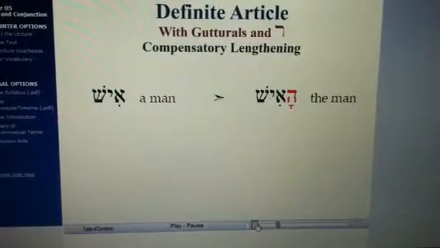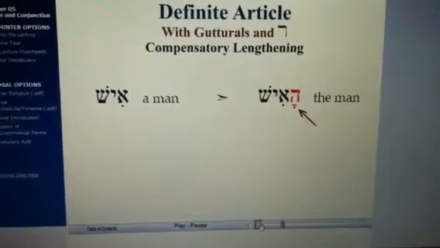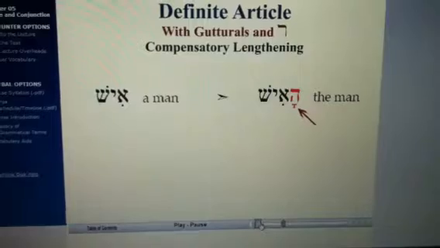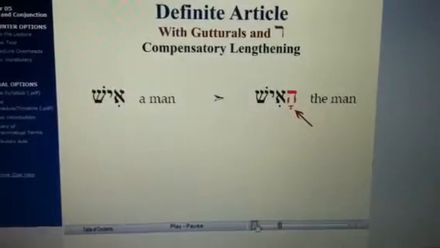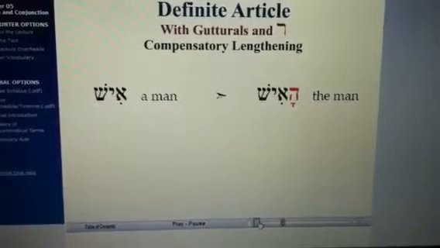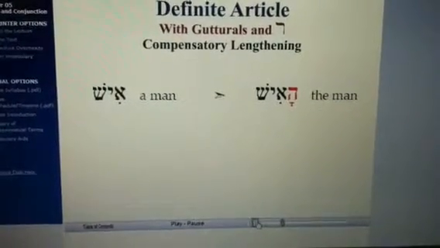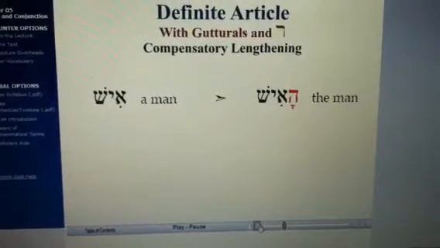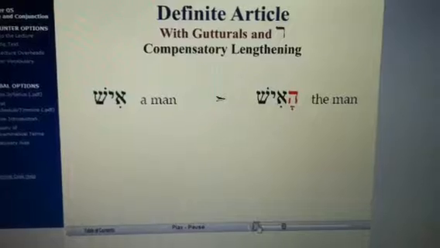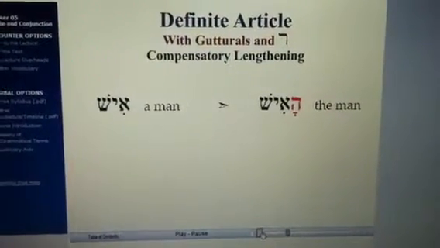And so the expected patach of the article lengthens to qamets, that is, short A vowel to changeable long A vowel. Ish goes to ha-ish. The definite article is spelled hey with qamets, and obviously with no dagesh forte in the guttural.